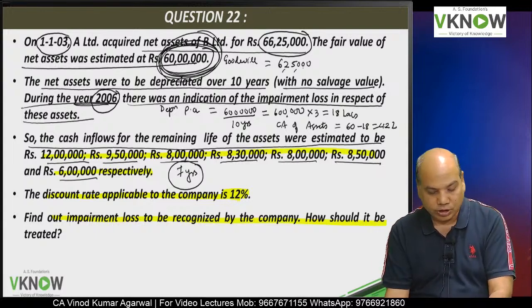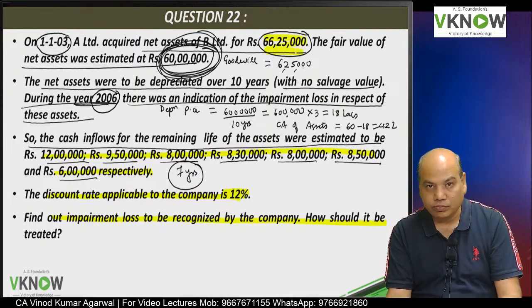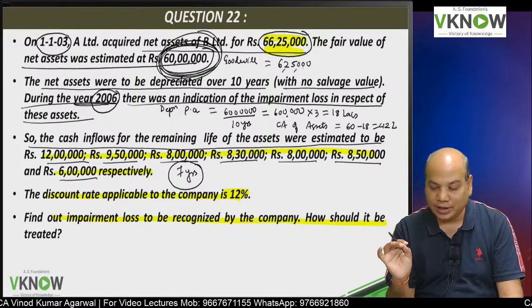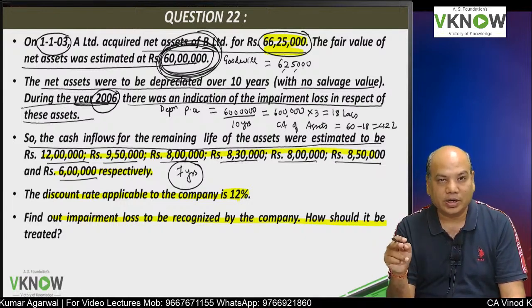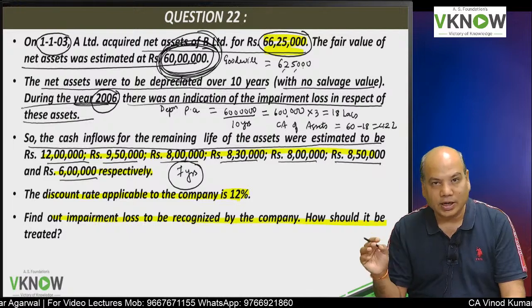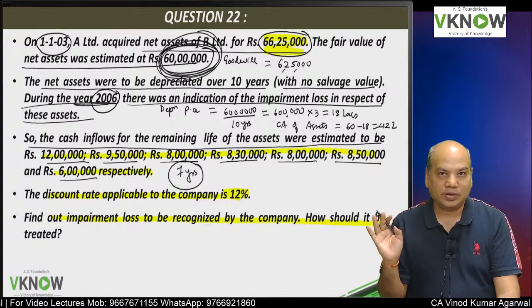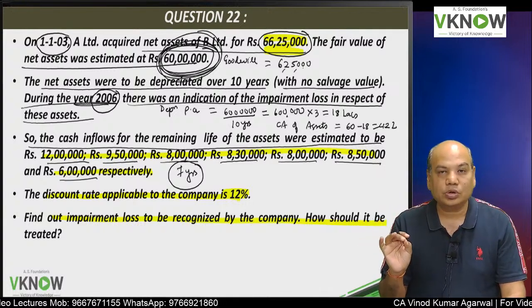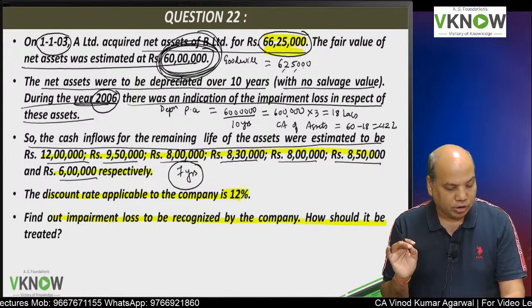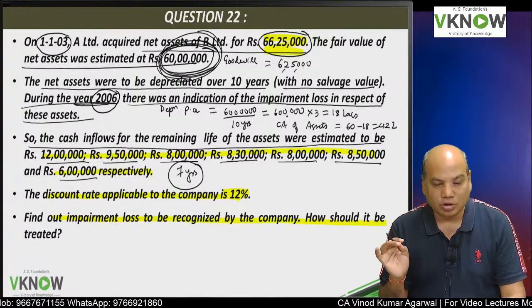Okay, so what I need to do, first I need to always compute two things, carrying amount and recoverable amount. Carrying amount will be after providing amortization and depreciation till the date of impairment. Now in this question they have not mentioned about goodwill, whether goodwill was amortized or not.